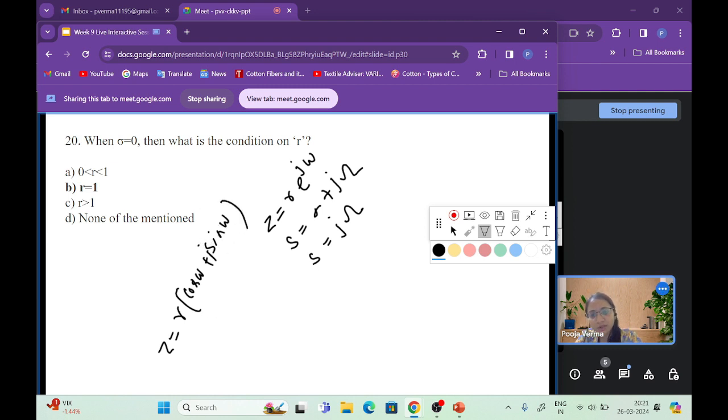So if we put sigma equal to 0, then R must be equal to 1 in order to satisfy this condition. So R must be 1. Okay, if sigma is equal to 0, then R is equal to 1.